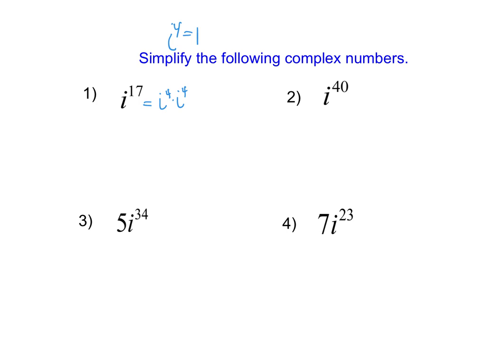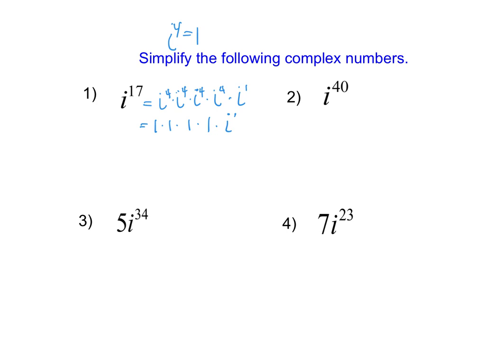That's going to give me 8 of those, 17, times i to the fourth, there's 12, times i to the fourth, there's 16, times i to the first. So I've broken this up so we have 4 plus 4 plus 4 plus 4 plus 1. Now we know that all of our i to the fourths are equivalent to 1, and then we're just left with i to the first at the very end.